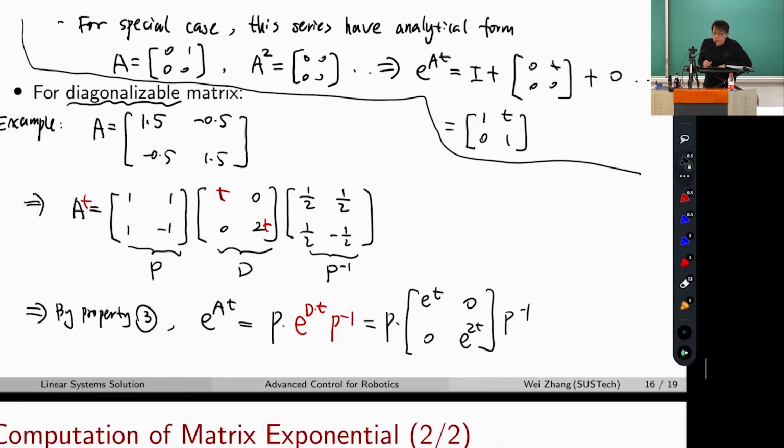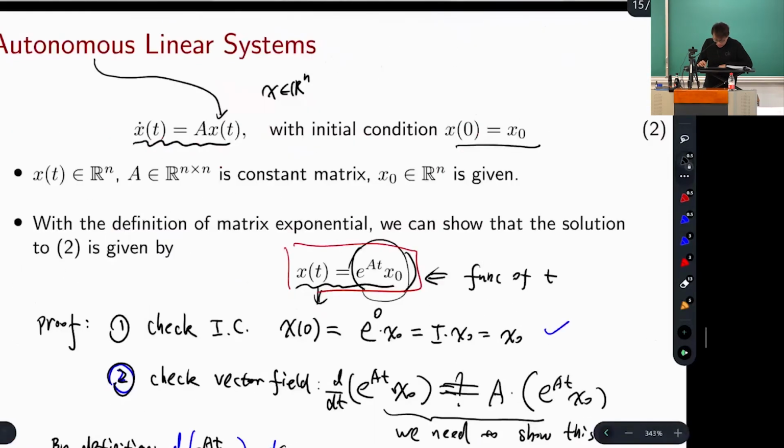If a matrix is diagonal, then e to the D is just all the diagonal entries as exponential functions. This is because of the definition. You can check this. I'm not sure whether I mentioned this or not.